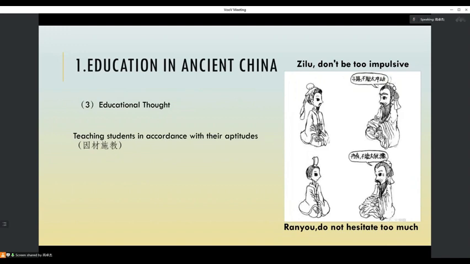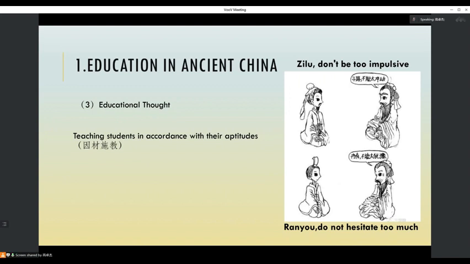Because of the difference between these two students, when they were to do the same thing, Confucius told the impulsive, 冲动, rude student not to do something before thinking about it 3 times.